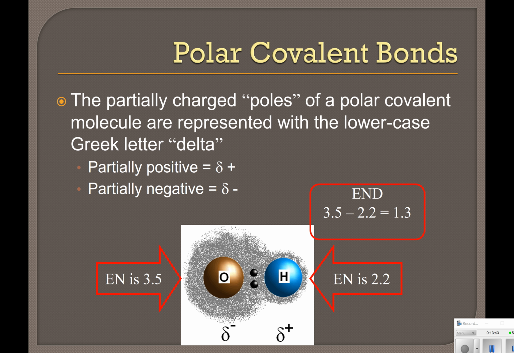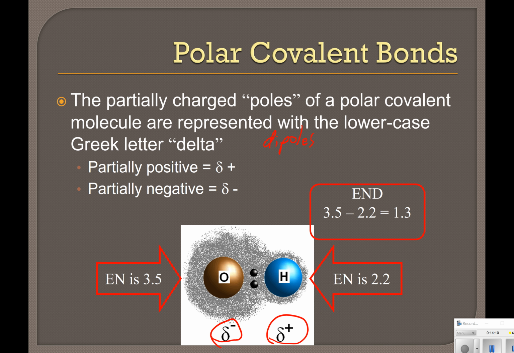And when we look at the case of hydroxide, oxygen and hydrogen together, we can see those poles there, and we designate those with a delta symbol, delta positive, delta negative, which is going to show our poles, which we're going to call dipoles. And we'll learn more about that in a future lesson.